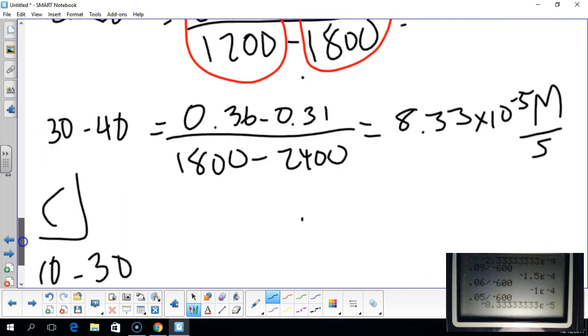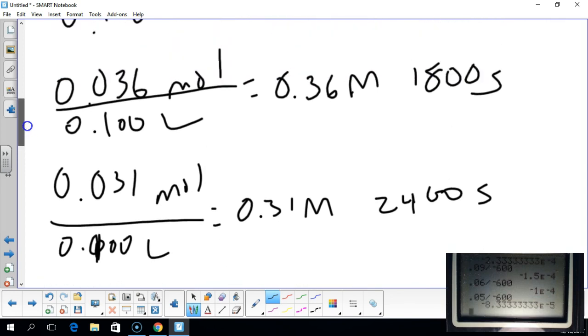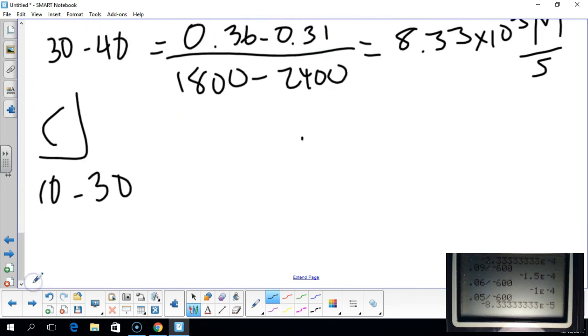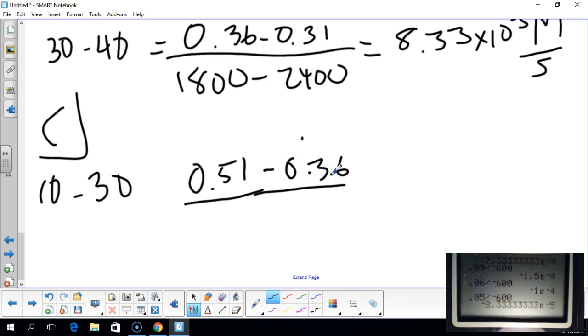The concentration at 10 minutes is 0.51 minus, at 30 minutes, 0.36, over 600 minus 1800 seconds.